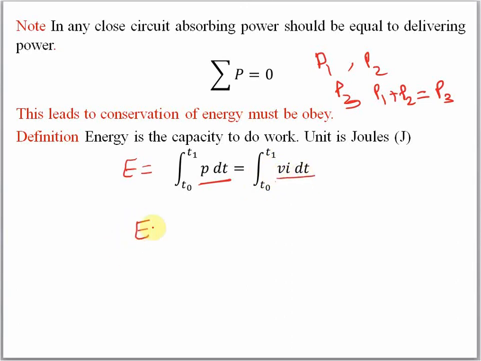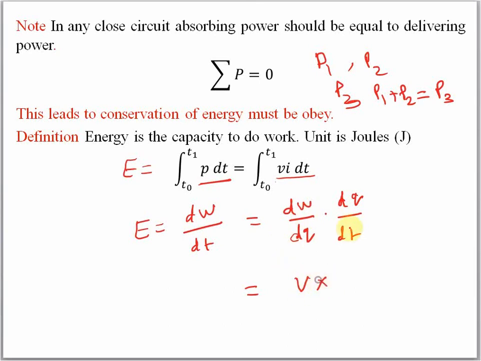Capacity to do work means dw upon dt, which we can write as dw upon dq into dq upon dt. As we have read earlier, dw upon dq equals voltage and dq upon dt equals current. So we can write v into i.